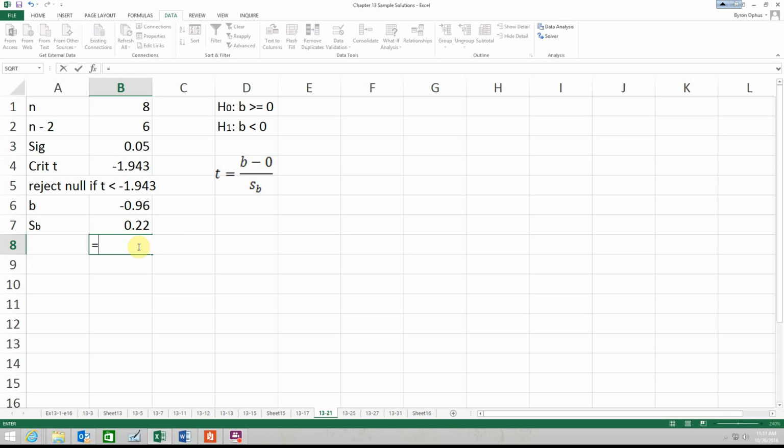Let's do it the right way. So I got t is equal to, there's b. Oops, I better put a parenthesis. So I got a parenthesis, b minus 0 in parentheses divided by standard error.